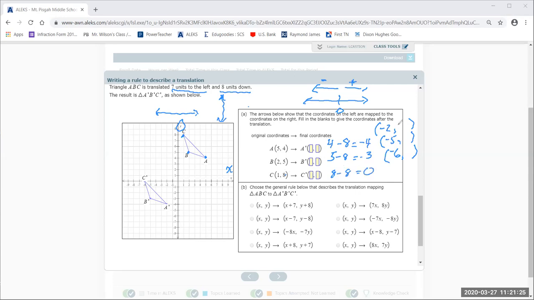Now these go up here, in place of what we didn't know before. Now we know our Y values. Does that make sense? Yes.